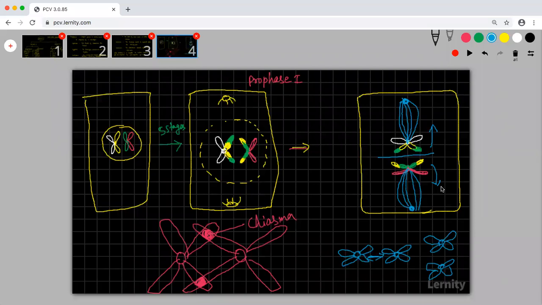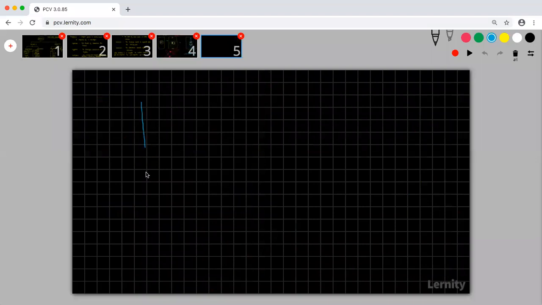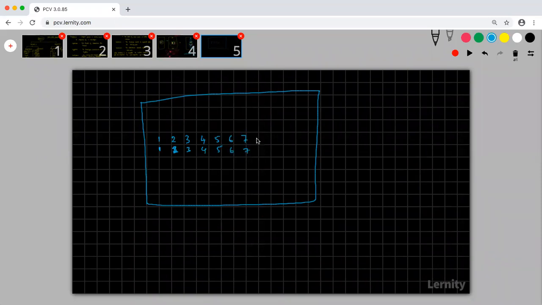While you're talking about a cell, if you're having 23 homologous chromosome pairs, let us say that this is the cell. Homologous chromosome pair 1 will be like this, pair 2 will be like this, pair 3 like this, pair 4, pair 5, pair 6, pair 7, pair 8, pair 9, pair 10 will look like this.